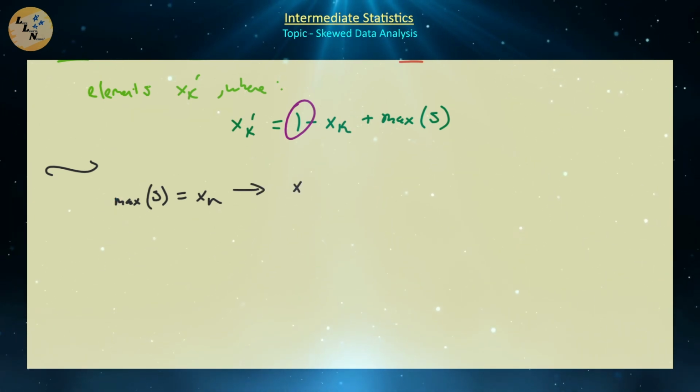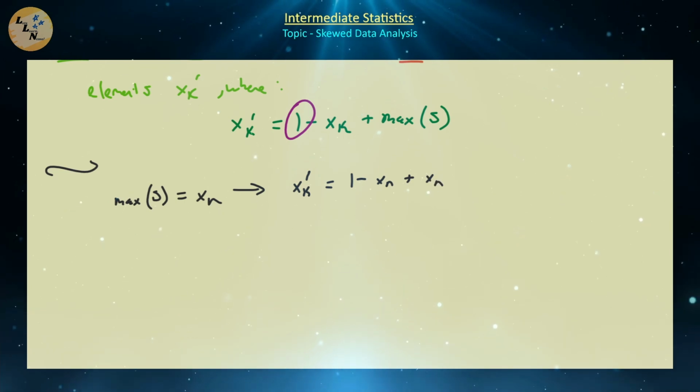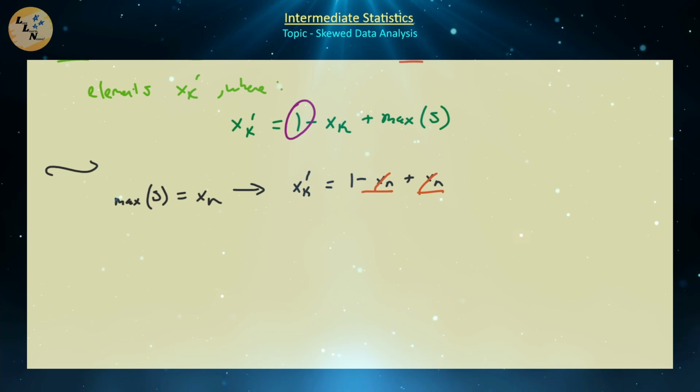So the new xk for that particular data set is not necessarily the last one, right? And actually you'll see that it's not. It's going to be equal to 1 minus xn plus the maximum of S, which by definition is xm. Notice that minus xn and xn will cancel, and we're just left with 1.